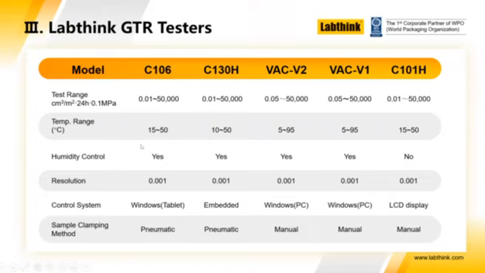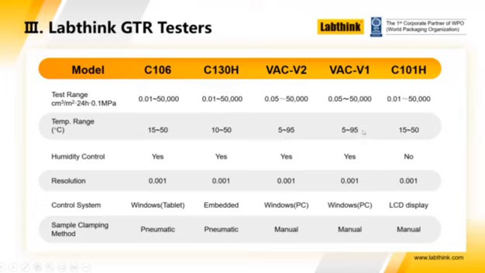For example, the control systems, the temperature ranges, test ranges we looked at. Here are the temperature ranges. So you've got up to 50 Celsius with the 2 standard instruments, a 6-cell and a 3-cell, and then with the VAC V2, because it has the circulating bath, it has a wider range of temperature control, down to 5 and up to 90, 95 degrees.